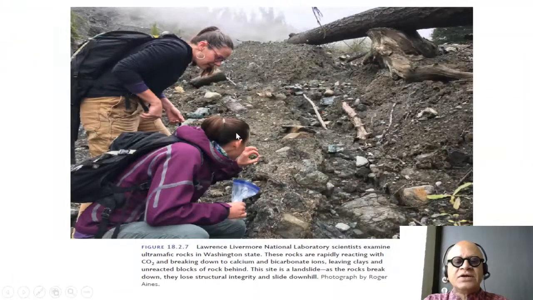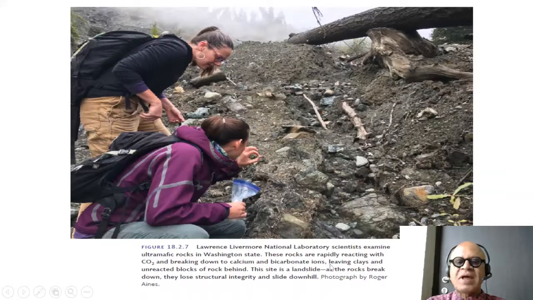Okay, so let's look at accelerated weathering as also a direct air capture. This is Lawrence Livermore National Lab up in California, where scientists are examining ultramafic rocks in Washington state.